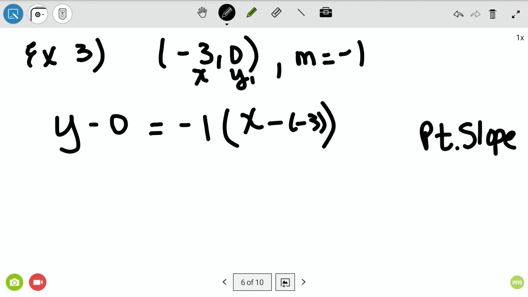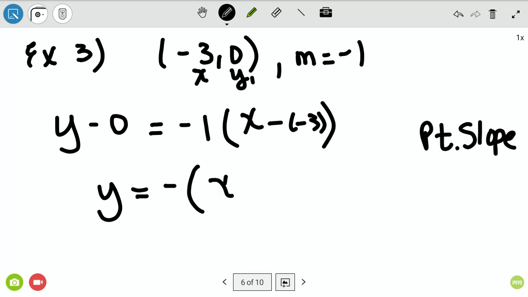And now again, I'm going to clean this up a little bit. This can really be cleaned up kind of a lot. You can keep this 0 here, or you can not write it. It doesn't matter, because y minus 0 is just y. The -1, you can write the 1 or not. You can just put a negative sign here, or you can do a -1.